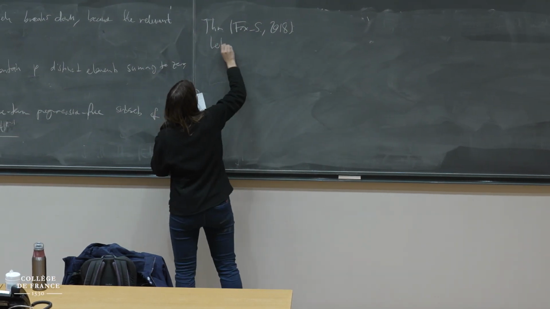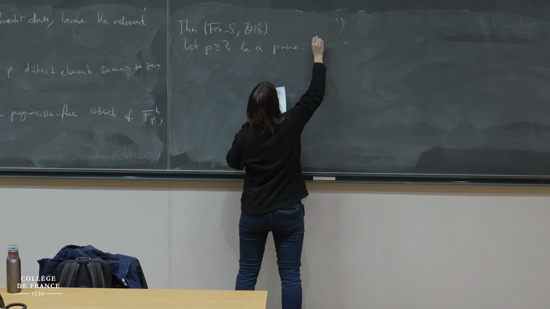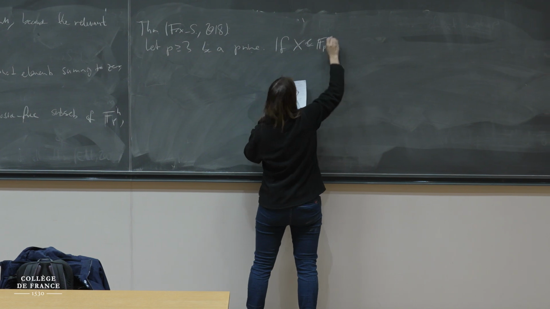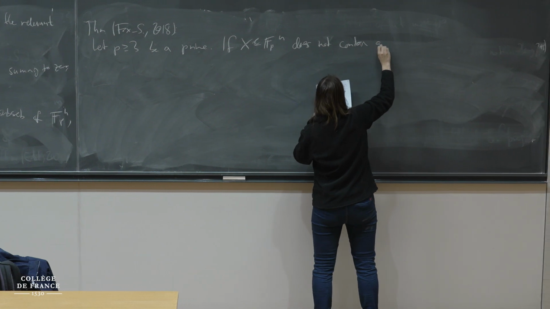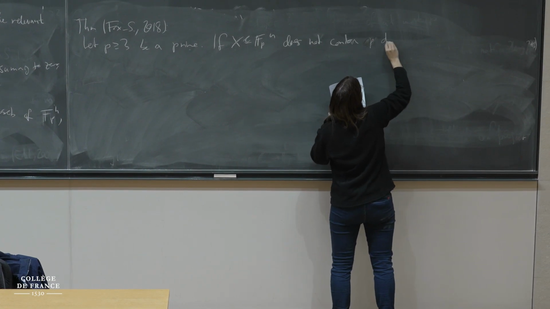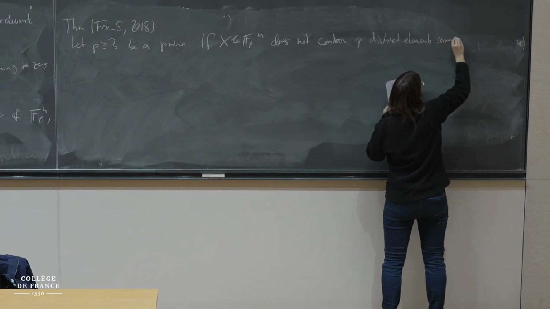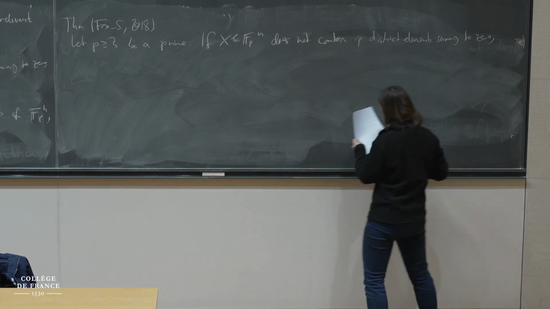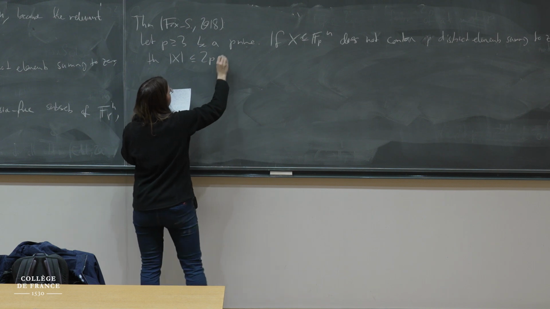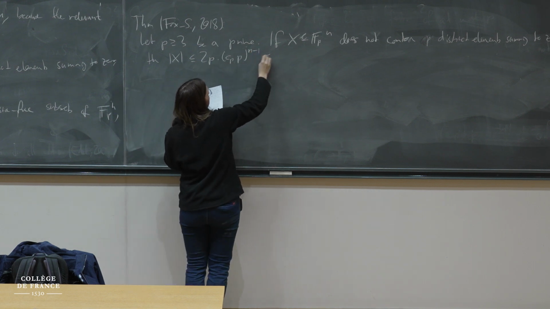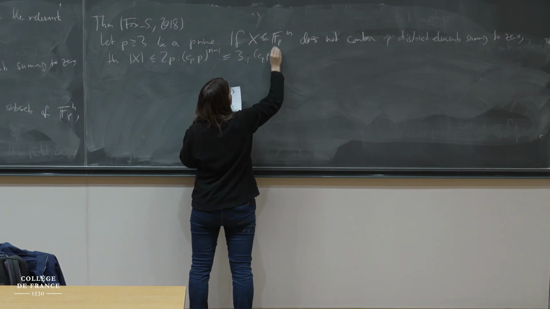And so we proved, again, that if p at least 3 is a prime, and if X is a subset of F_p to the n which does not contain p distinct elements summing to 0, then the size of X is at most 2p times C_p times p to the n minus 1, which can then be upper bounded as 3 times C_p p to the n.